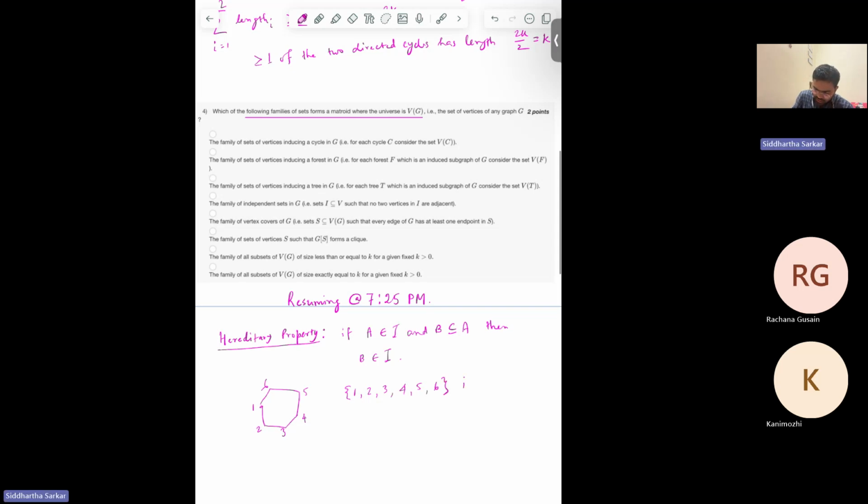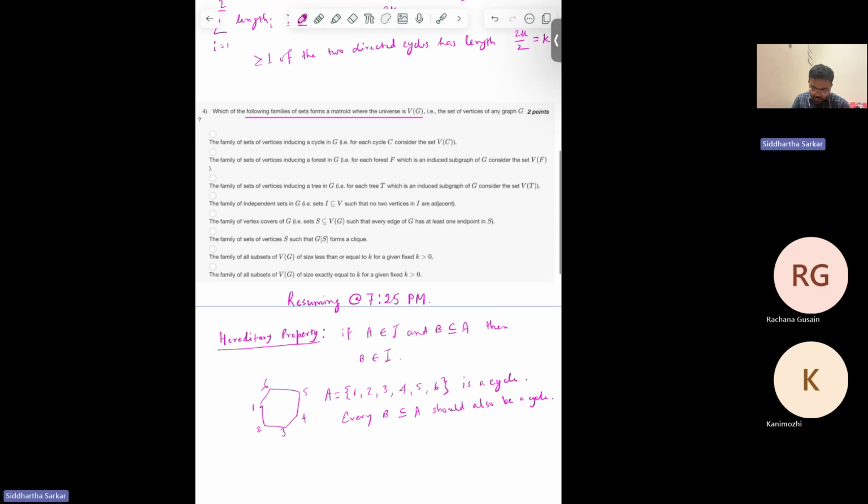So this is a cycle. So for it to be a matroid, any subset of this, let's call it A, every subset of A should also be a cycle. But is that true? It's not necessary, right?